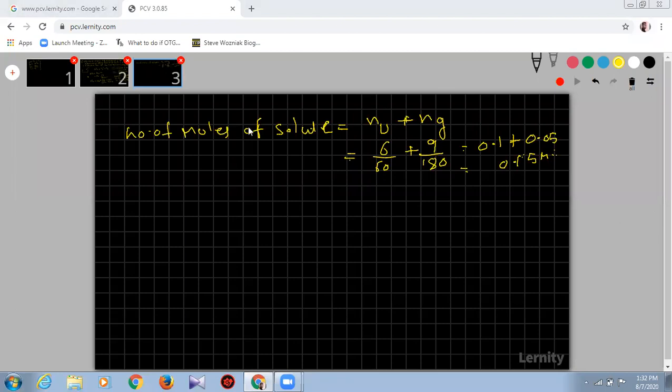So that is 0.15 moles. Now here I will apply delta TB equal to KB into m.